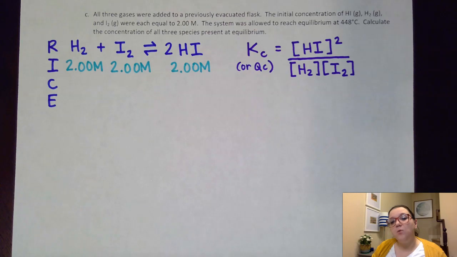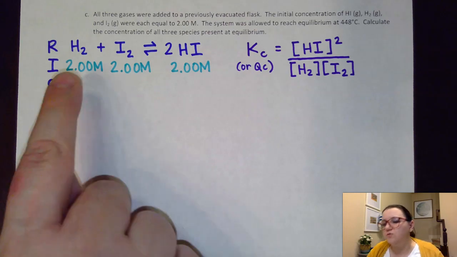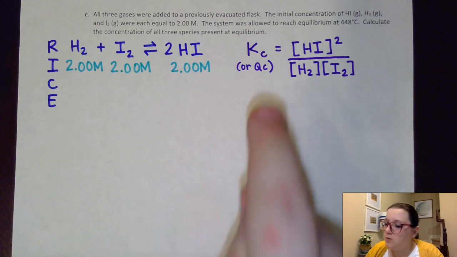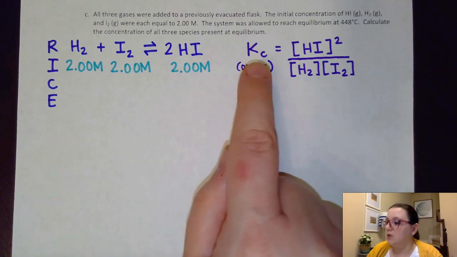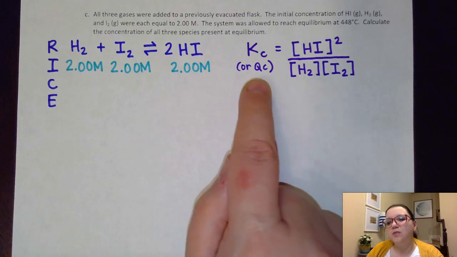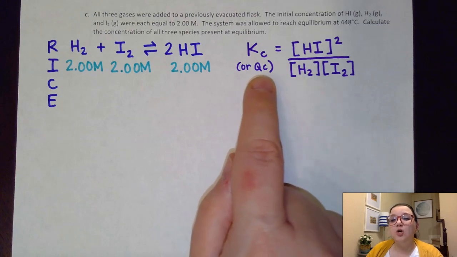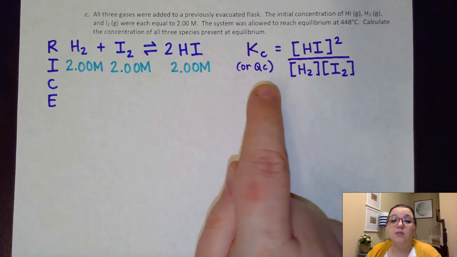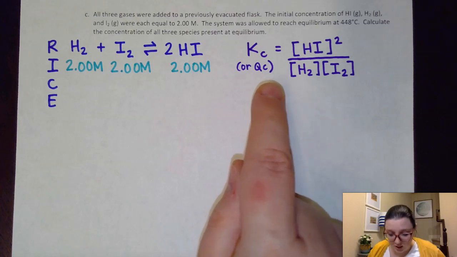To do that, we're first going to figure out where our ratio is right now. How does our value right now of Q compare to K? You notice here I wrote the Kc equation, but this equation could also be used for Qc any time I'm trying to calculate that product to reactant ratio.